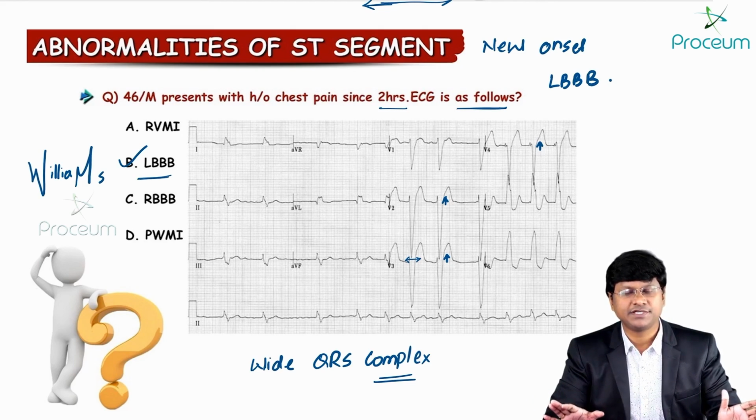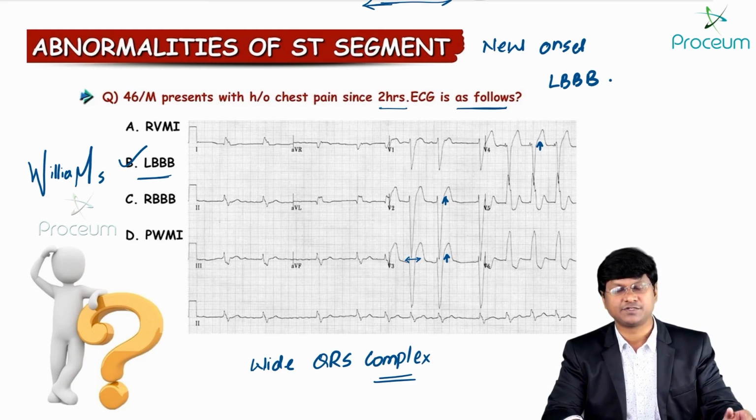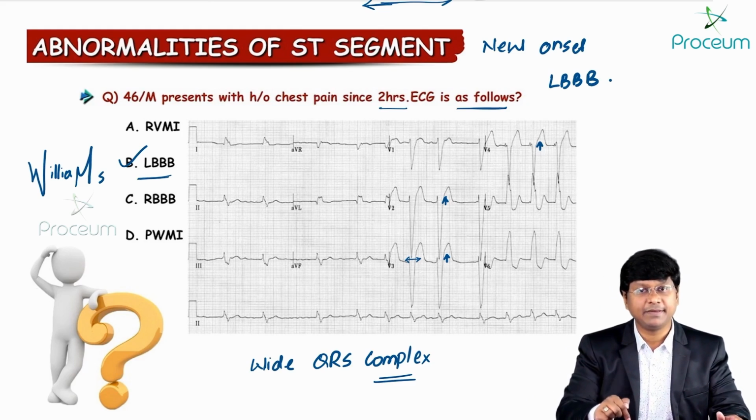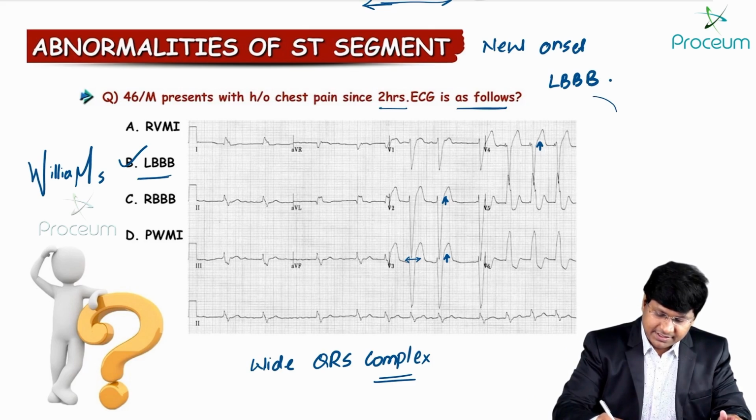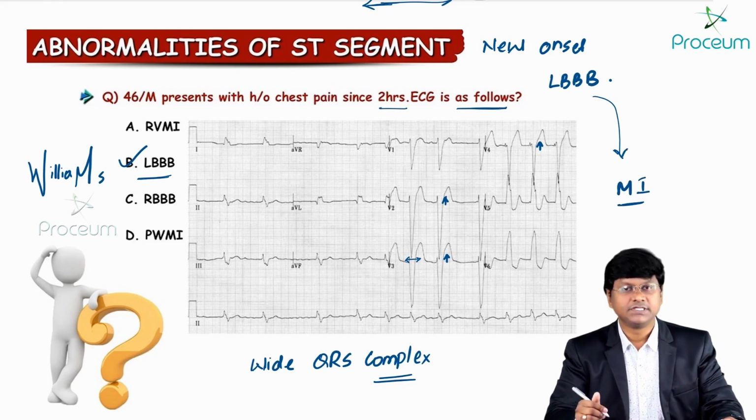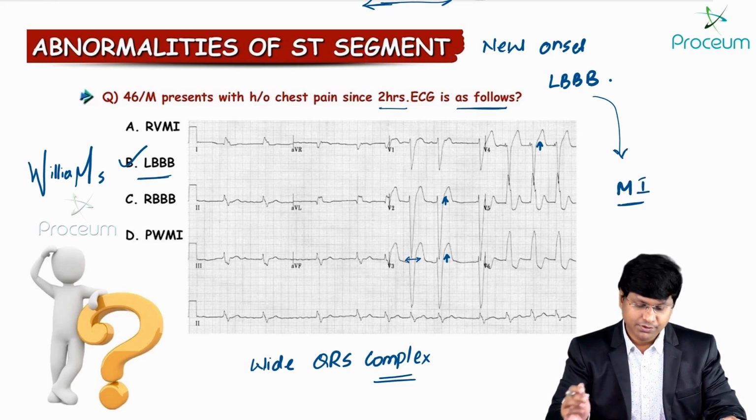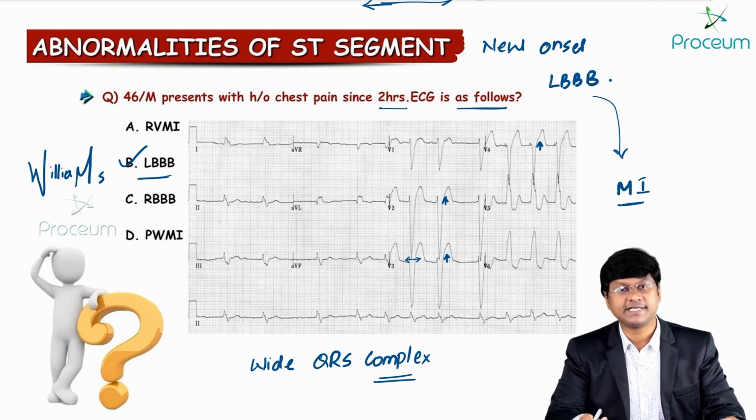Now he presented to you with a history of chest pain and the ECG is showing left bundle branch block. New onset LBBB can be considered equivalent to myocardial infarction. So that is the ST segment elevation in the left bundle branch block.